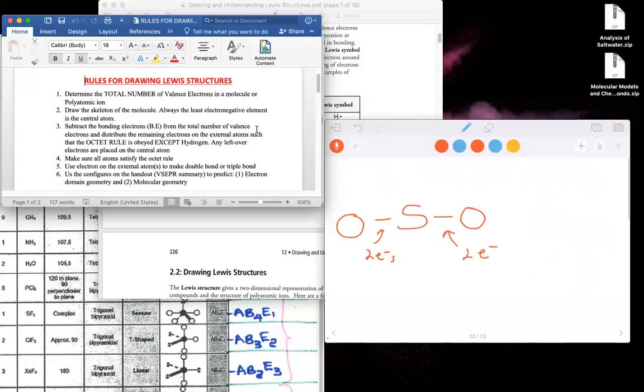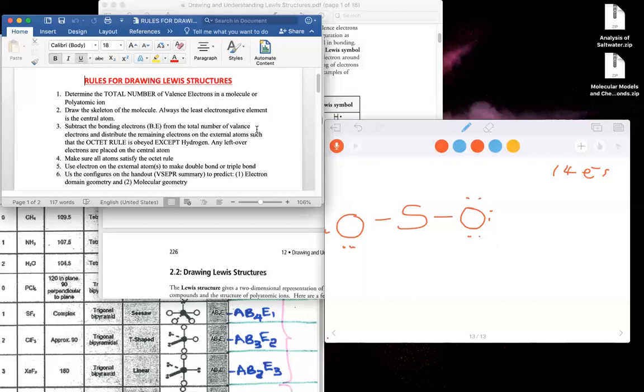Out of the remaining 14 electrons, the oxygens, the external atoms, take first priority in satisfying the octet rule.